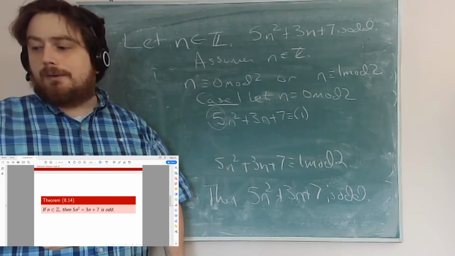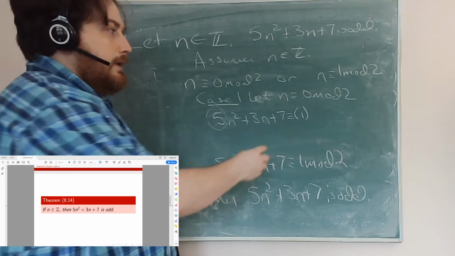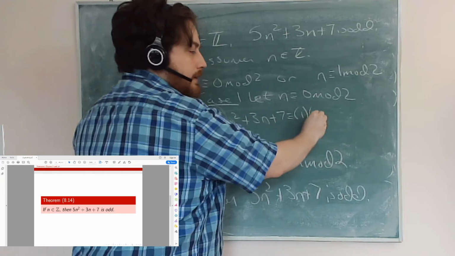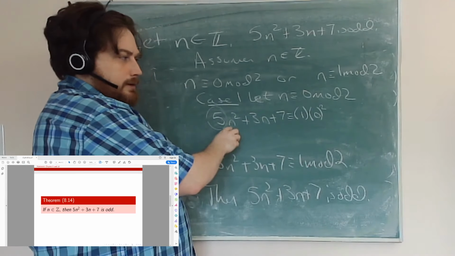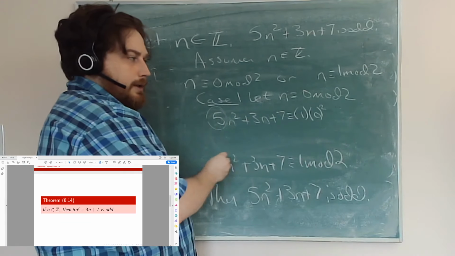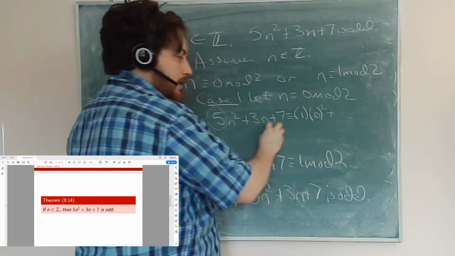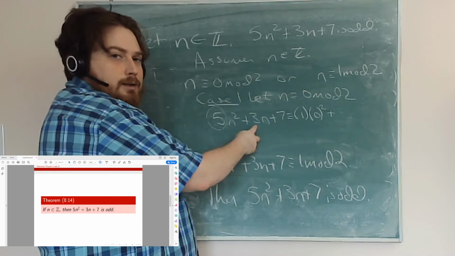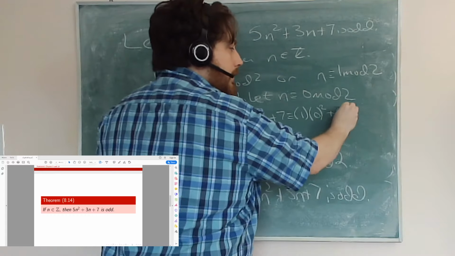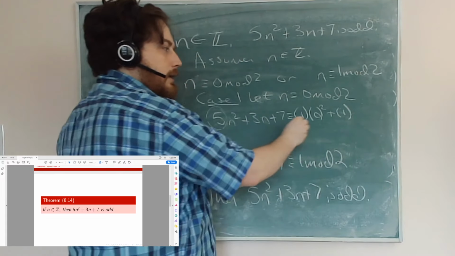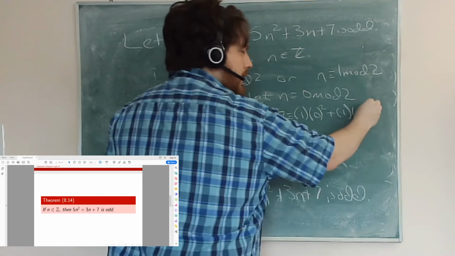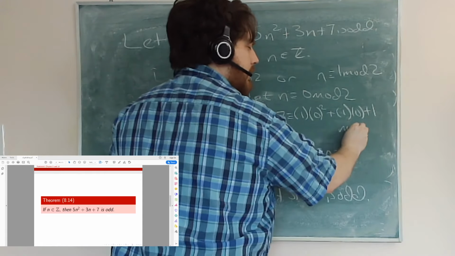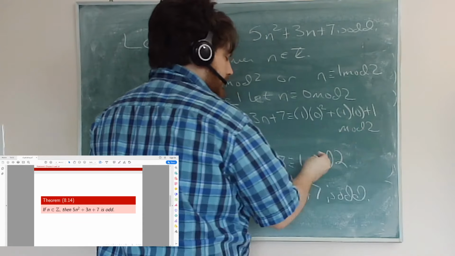What is n congruent to mod 2? Well, in this case, we're assuming it's congruent to 0, so we get 0 squared. So I plug in 0 for n, and then we're squaring it. Plus, 3 is odd, so it's congruent to 1 mod 2. n is congruent to 0 mod 2 by our assumption. And 7 is congruent to 1 mod 2.